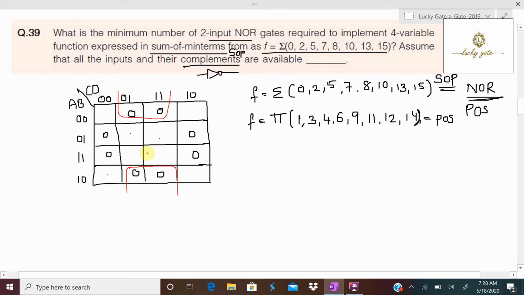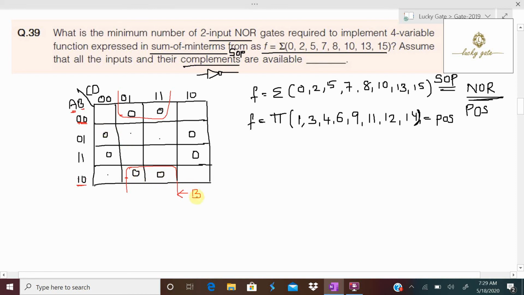A quad means a group of four adjacent cells, and this quad represents a Boolean term. How do we write the Boolean function for this quad? Observe, these two rows are common. In them the values are 0, 0 and 1, 0, so variable A, which varies between 0 and 1, is eliminated. Variable B has a common 0, so we write B. Actually we are doing POS, and in POS, zeros are combined.